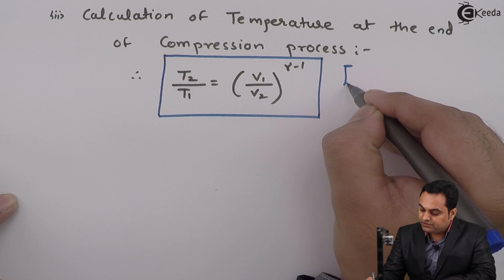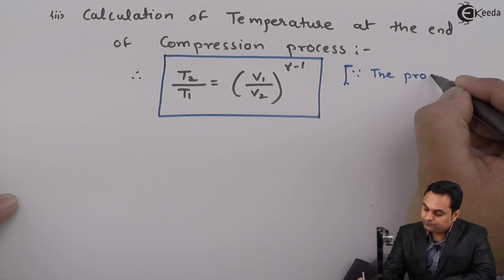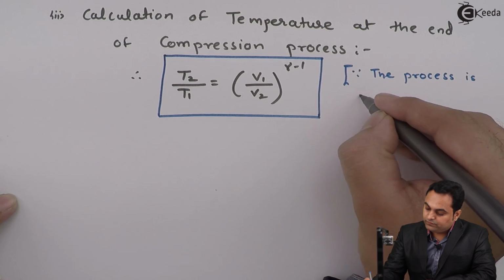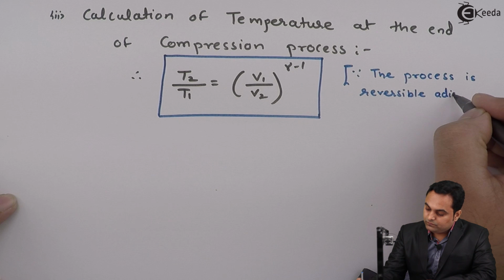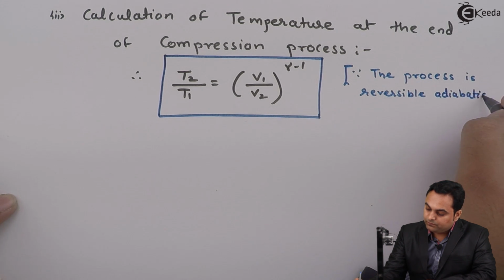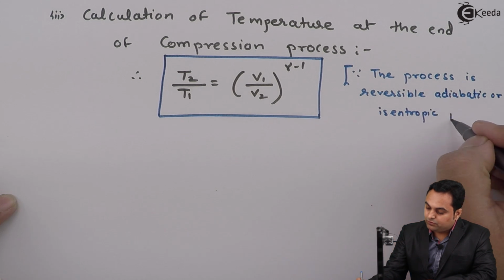This relation is valid since the process is a reversible adiabatic, or isentropic, process.